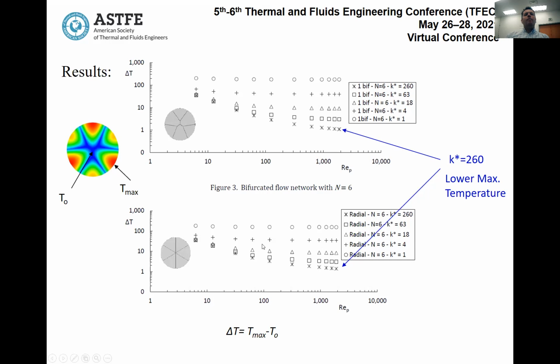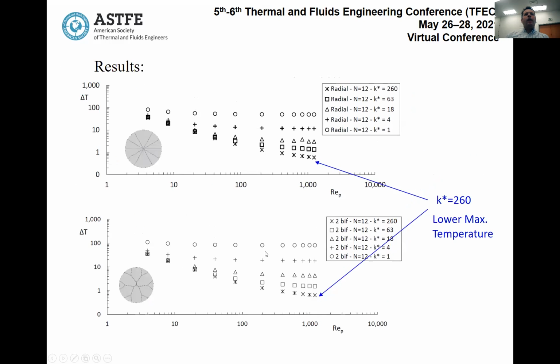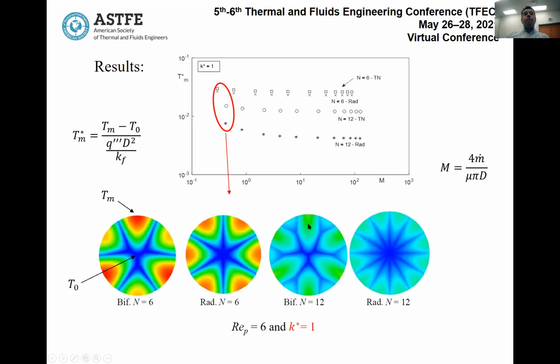So the same behavior happens when we have n equal 12 with 12 outlets. So the K star equal 260 presenting the lower maximum temperature is even more evident when we go very close to the limit of our flow range, or the limit of the laminar flow.